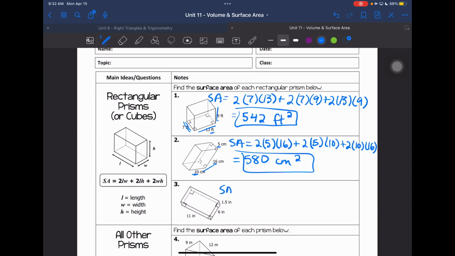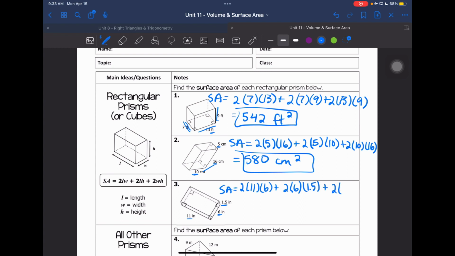We can practice that again with number 3. We're going to start with a 2, and then let's pick the first two numbers that we see, so 11 and 6. Plus 2, and then let's do the other 2 numbers, so 6 and 1.5.